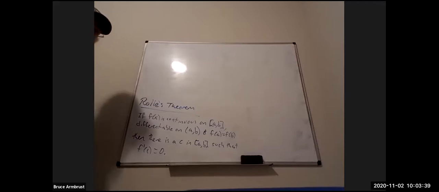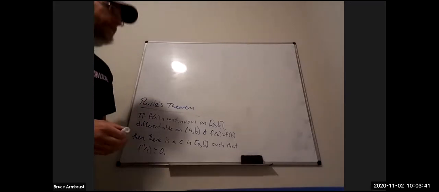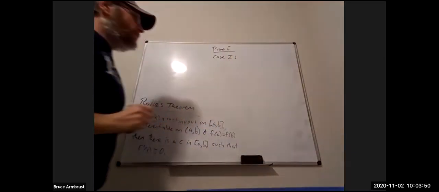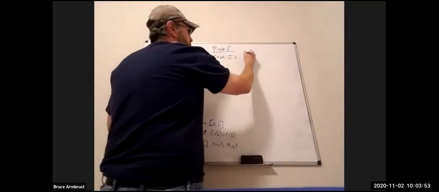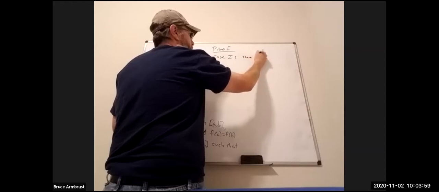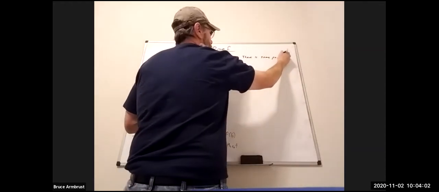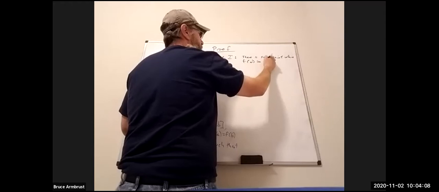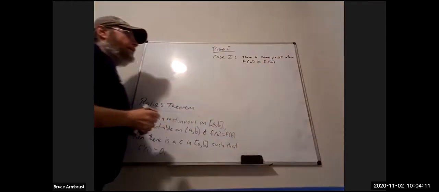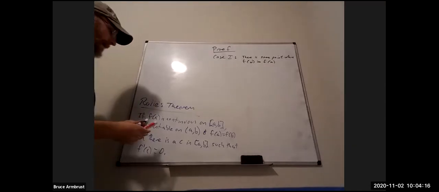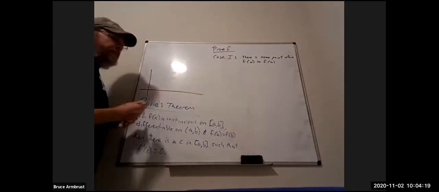Okay, so here's your proof. We're actually going to prove 3 different cases. Case number 1 is going to be where there is some point where f of x is greater than f of a. Because again, think about what this is saying. We're drawing a graph here.